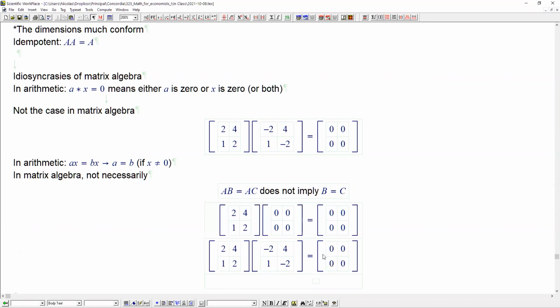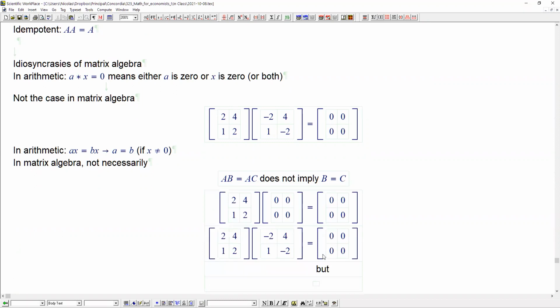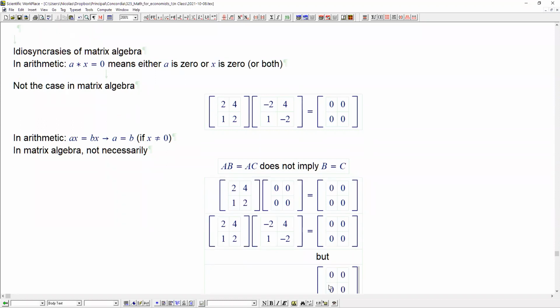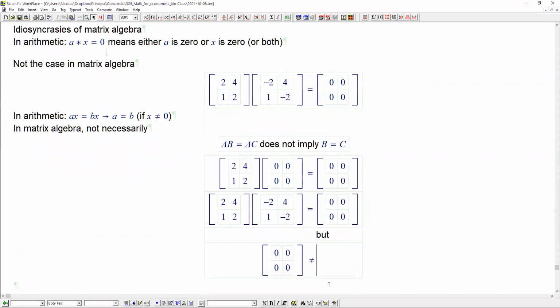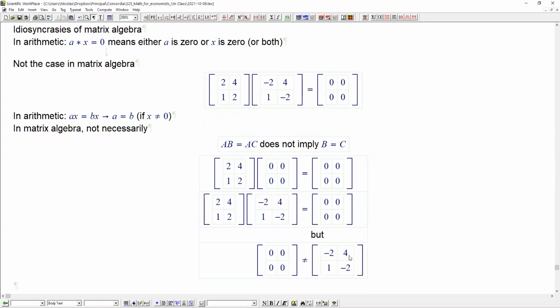But of course, 0, 0, 0, 0 is not equal to -2, 4, 1, -2. So that's a case where you multiply by a different matrix and you get the same result.